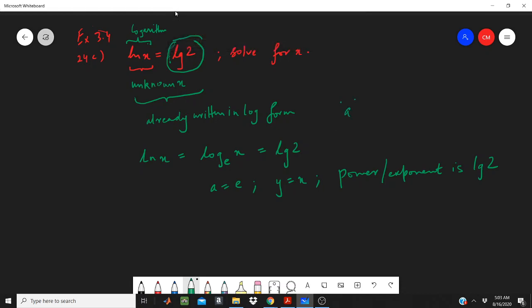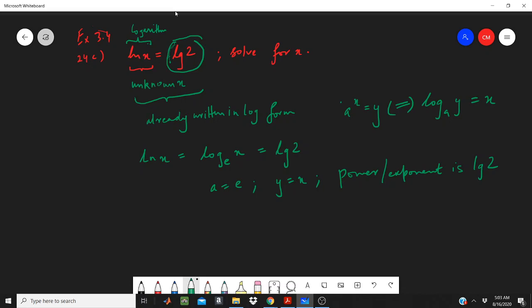But if you look at the equation a to the power x equals y going to log base a of y equals x, then on the left hand side of this equation we have ln x, the base a is just e.